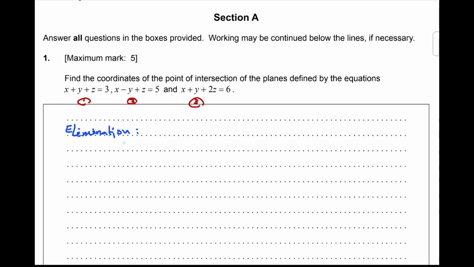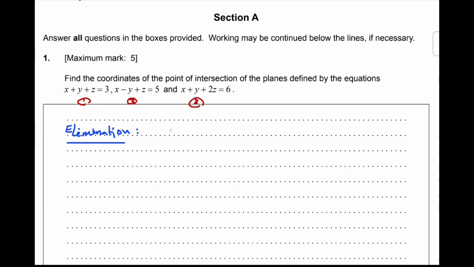In this method, first we try to eliminate 2 variables and find 1 variable, then find the second one, and then the third one. So let's look at it carefully.